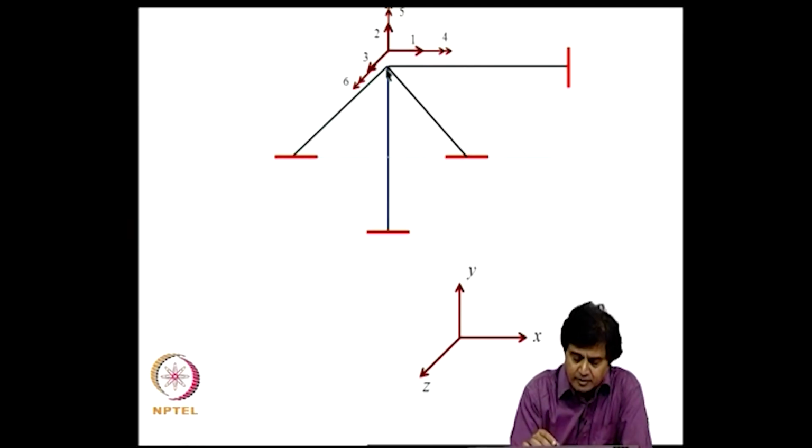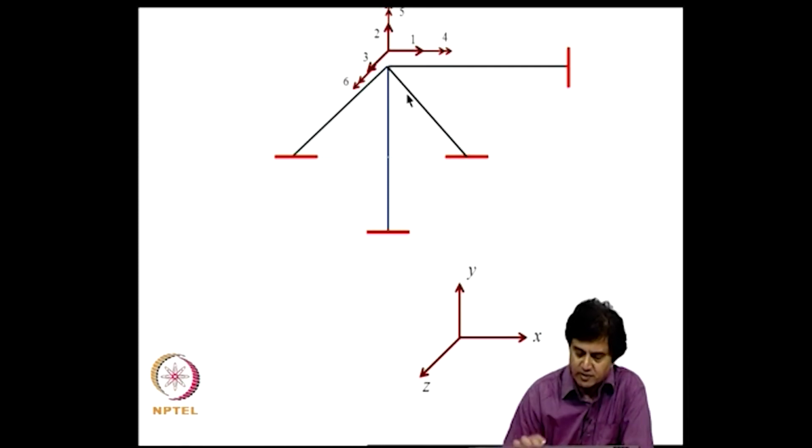So, there will be 6 degrees of freedom for each of these elements at this common point, and they have to be shared. Therefore, this structure in this particular model will have 6 degrees of freedom, 3 translations and 3 rotations at this point. Now, we need to form the stiffness matrix and mass matrix for this.